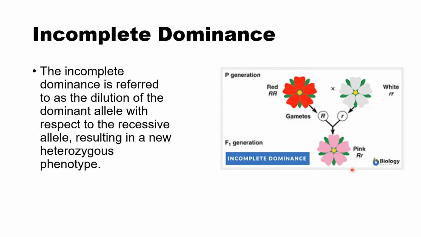So same with animals. Like for example, you have a dog na homozygous dominant na kulay black. And then you have another dog that is homozygous recessive na kulay white.